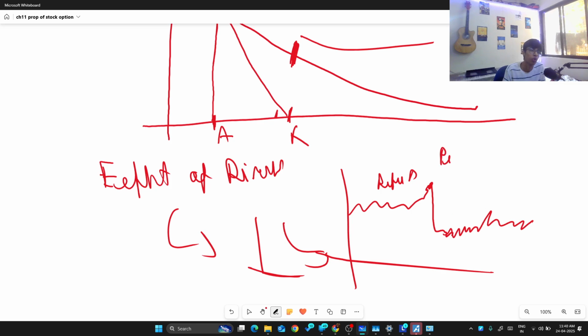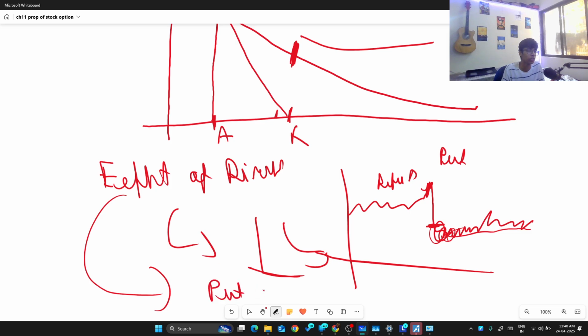If we had a put option here for this strike, we would earn so much money, because the price goes down. So as a dividend is announced, put value increases and call value decreases.